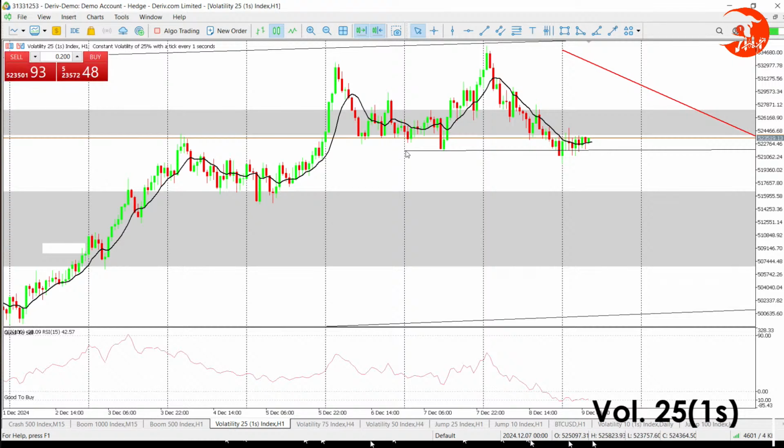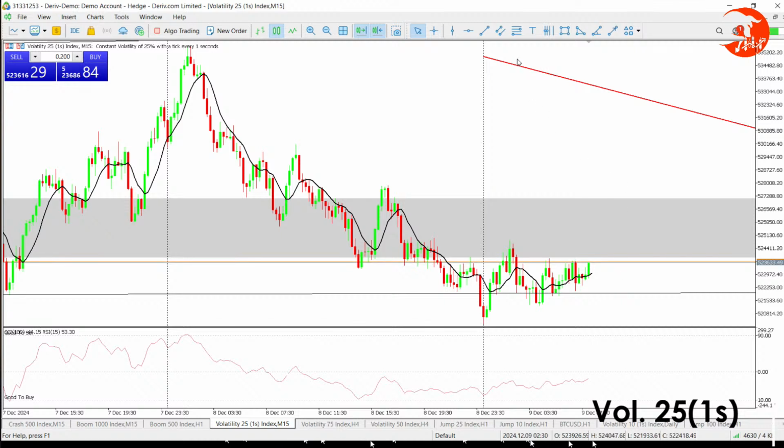So now I can go to H1 and look at the structure there. There is a consolidation at work right now, a lot of consolidation going on. You can see that clearly on M15. If you do that, you'll be able to see the structure of that kind of consolidation.